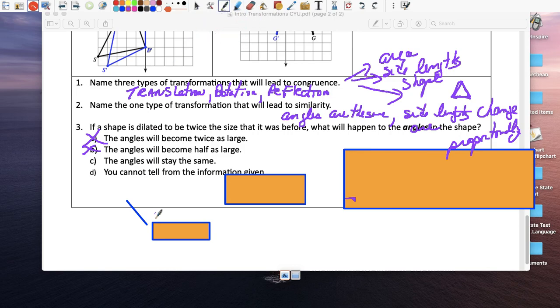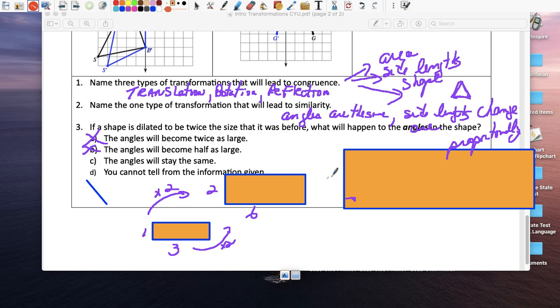Let's say this was 1, this was 3. Now if I want to dilate that by a factor of 2, that means I took everybody here and multiplied by 2. So this is no longer 1, it'd be 2. 3, so I dilate by a factor of 2. It's going to give me 6.